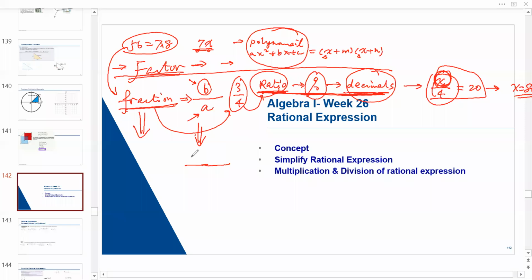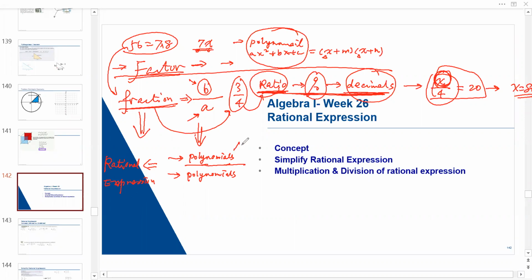We want to make it a polynomial, so the numerator and denominator are both made of polynomials. We call this a rational expression, right?